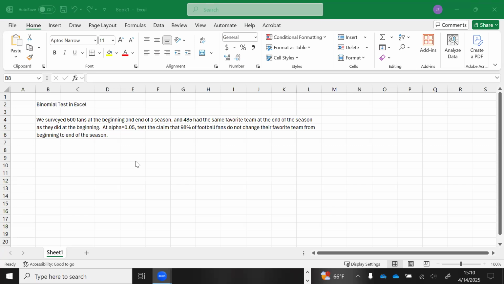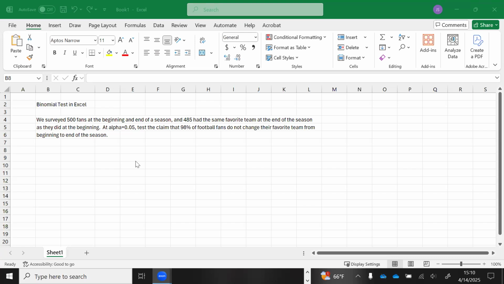Traditionally, an exact calculation for binomial tests is quite difficult because the formula for the binomial distribution has a combination term and a bunch of large powers, and then you have to sum individual values, and it's incredibly tedious.